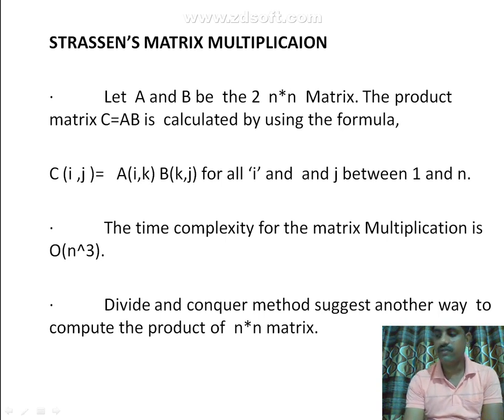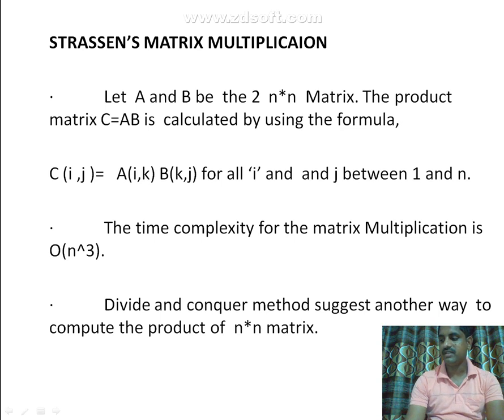The divide and conquer strategy suggests a way to compute the product of n by n matrices. Assume that there exists a non-negative integer k such that n equals 2 power k. In case n is not a power of 2, rows and columns of zeros can be added to both matrices so that the resulting dimensions are powers of 2.